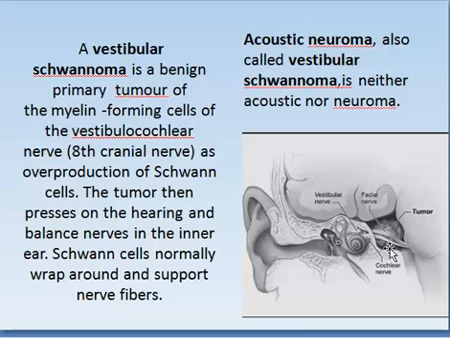Here you can see the tumor, widening of the internal canal, with the facial nerve and cochlear nerve seen together. So this is a tumor of the myelin sheath wrapping around the vestibular nerve.